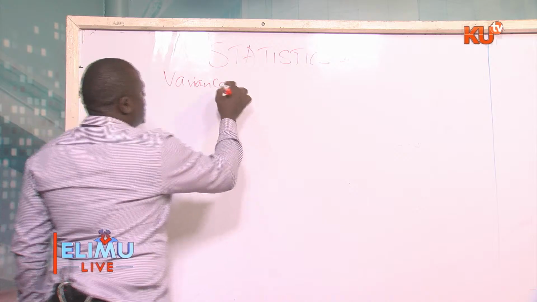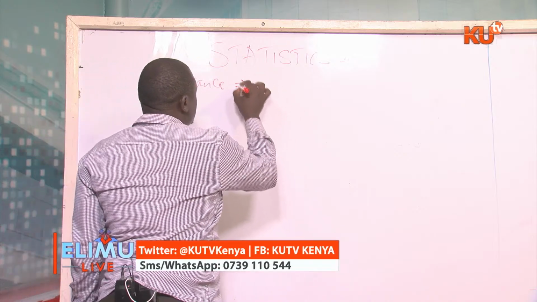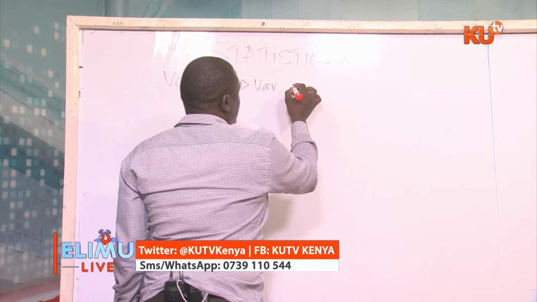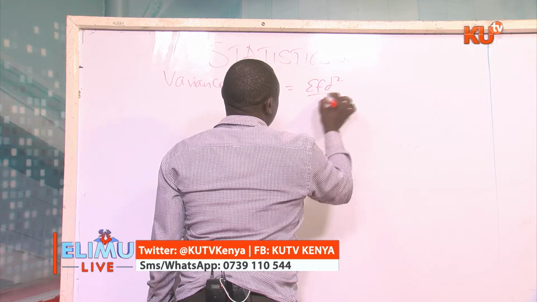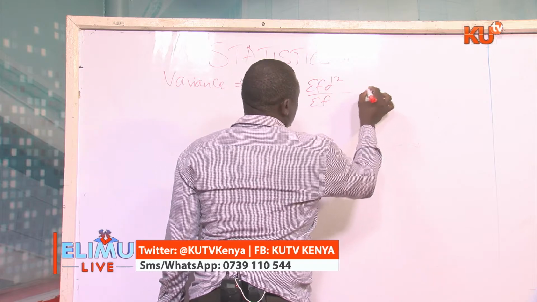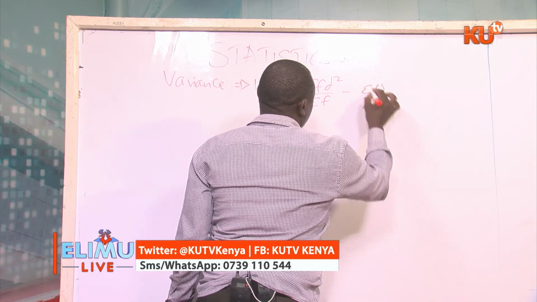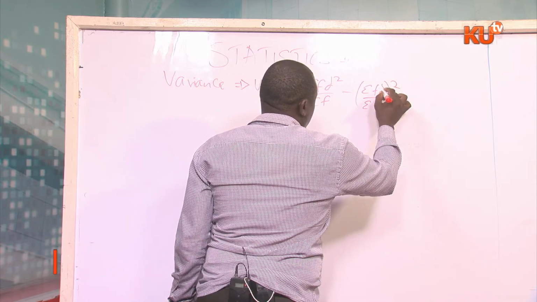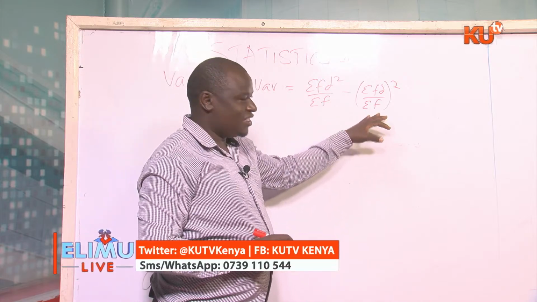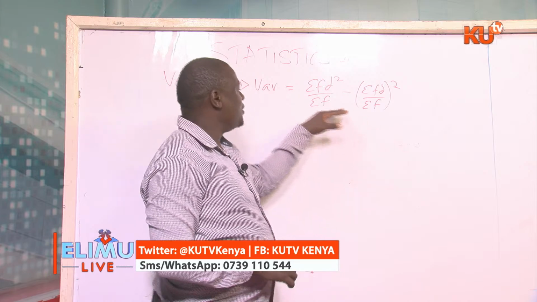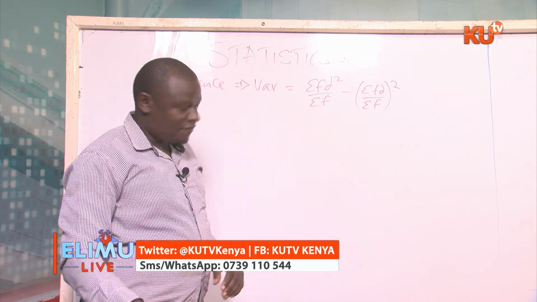And variance, normally written as var in short, is calculated as summation of FD squared over summation F minus summation of FD over summation F, this squared. And this is very familiar. We have already dealt with this in the past example. So whatever the increase that we are bringing in is the FD squared.